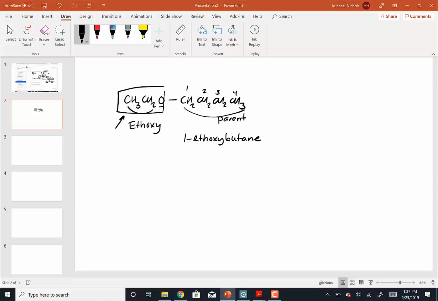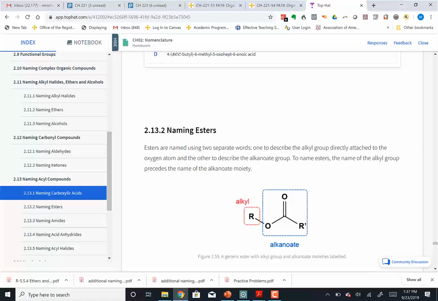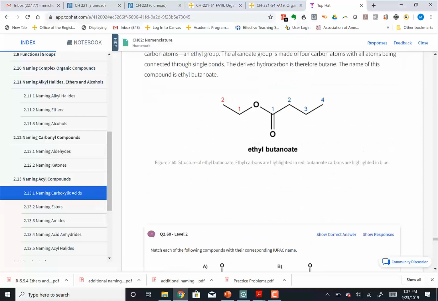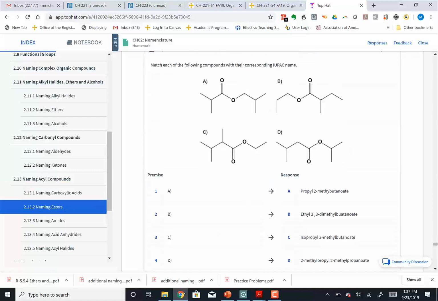Problem 60. That's naming esters. Okay. All right, so you actually have to name 4 esters. Let's see, what's the most complicated of these? Well, there really is a complicated one.